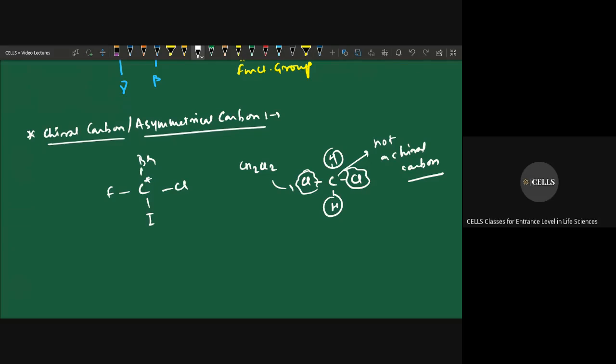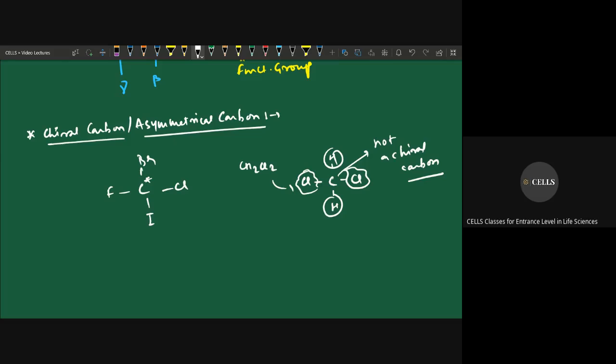There is chirality, and we will discuss in isomerism that it is a non-superimposable mirror image. If we want to discuss optical isomerism, we should have a chiral carbon and a non-superimposable mirror image. We will discuss that in the isomerism section.